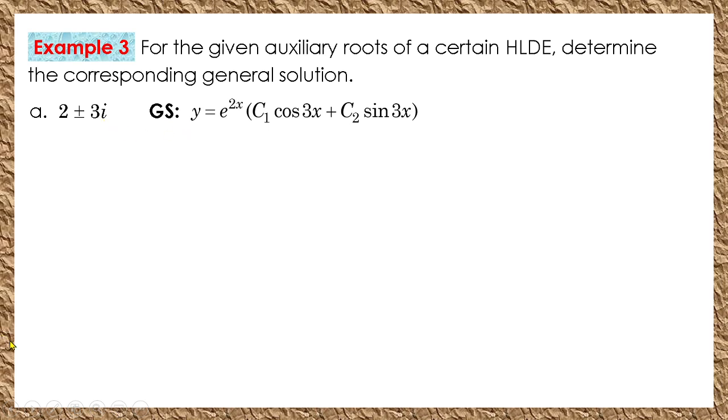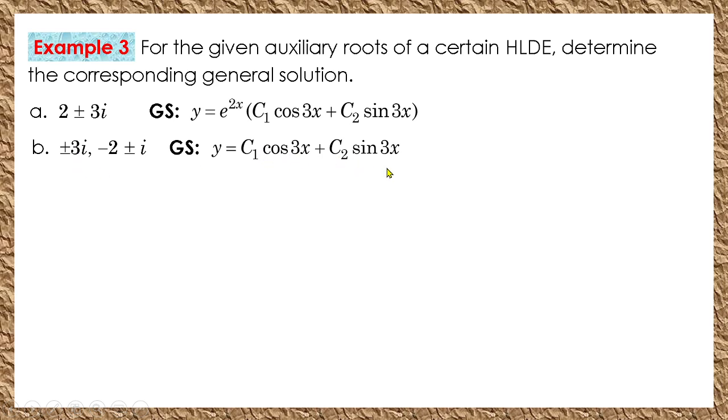Okay now, guys? What if your root is plus or minus 3i? Kung plus or minus 3i, ang ibig sabihin lang a is 0. 0 plus or minus 3i. Again, pag walang real part, it means the real part is 0. So kapag 0 ang real part, wala nang e. So sa first set, you have C sub 1 cosine 3x plus C sub 2 sine 3x.